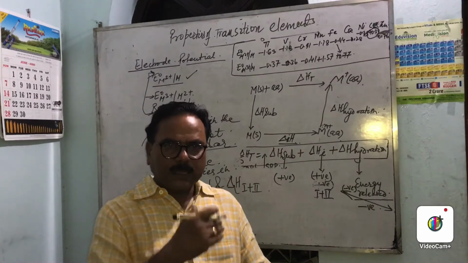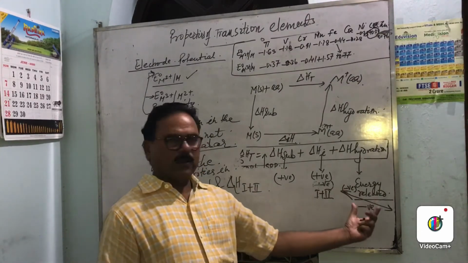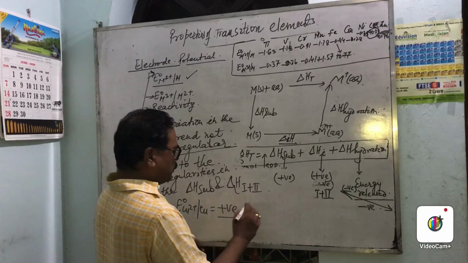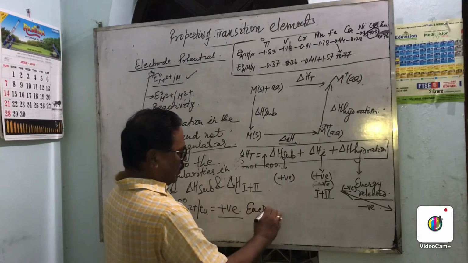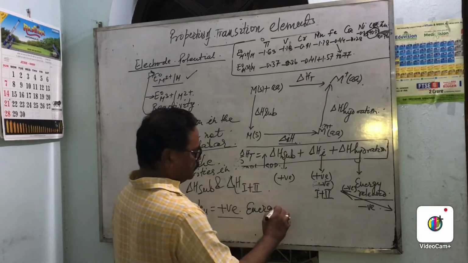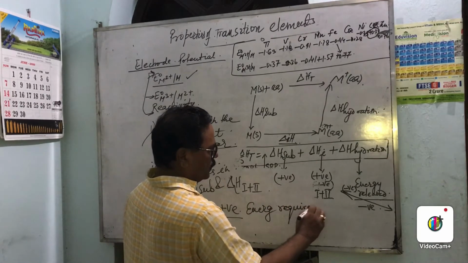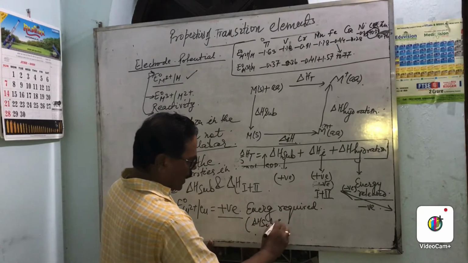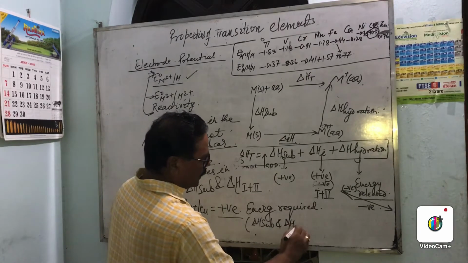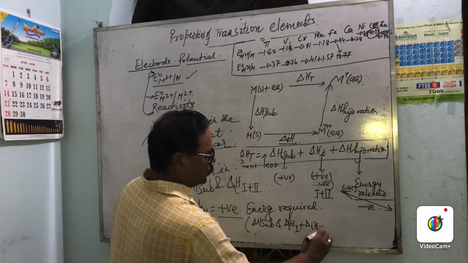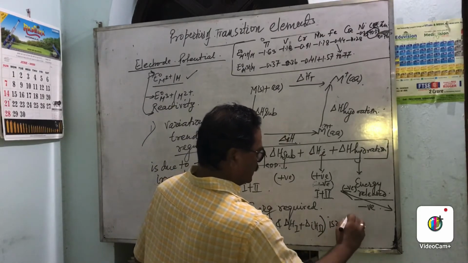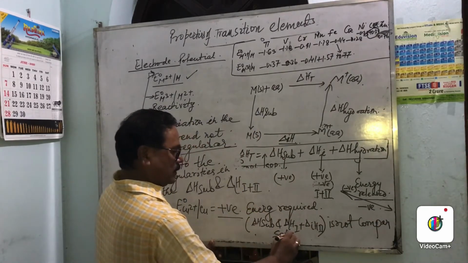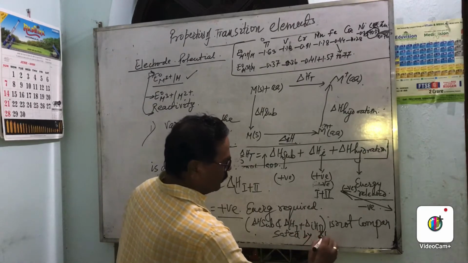the requirement is more and the energy release is less, that is why the magnitude becomes positive. So why is it positive? Because the energy required, that is the enthalpy of sublimation, and delta IH1 and delta IH2, is not compensated by the enthalpy of hydration.